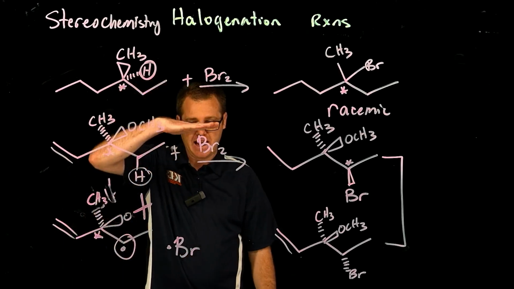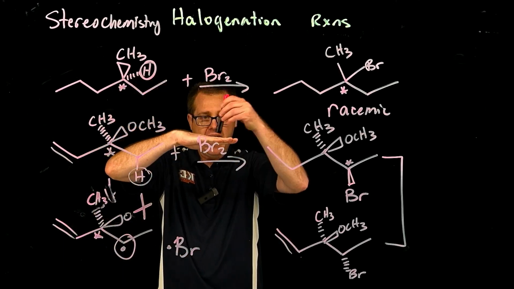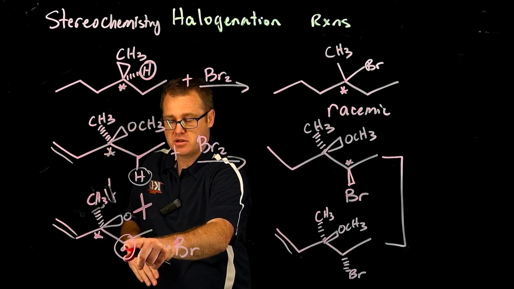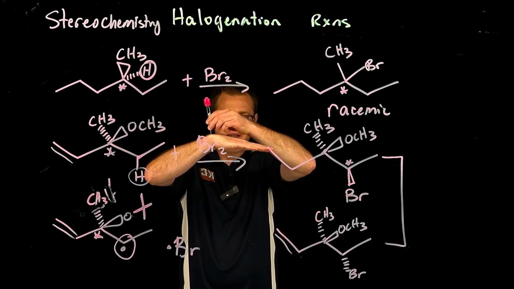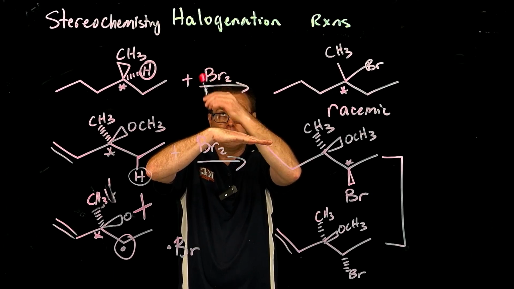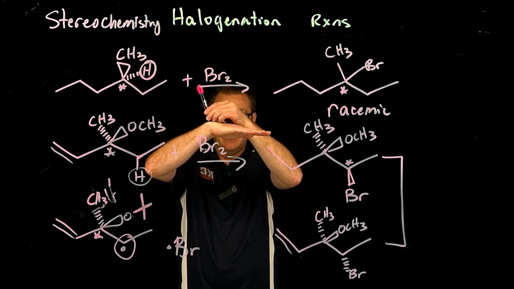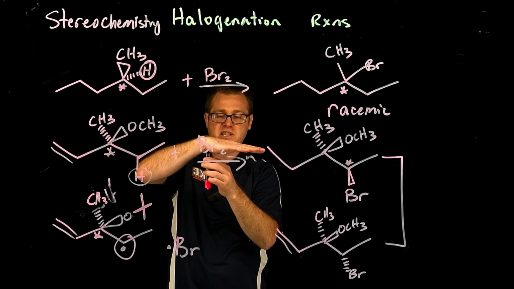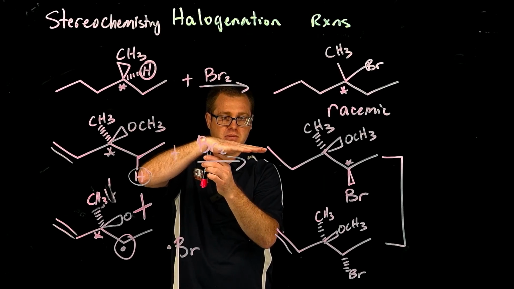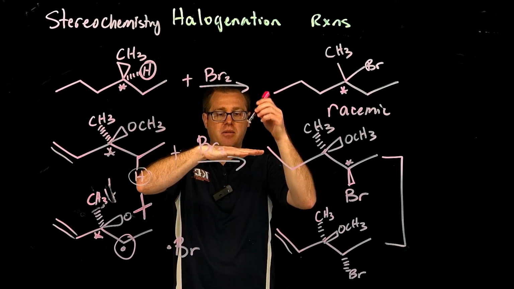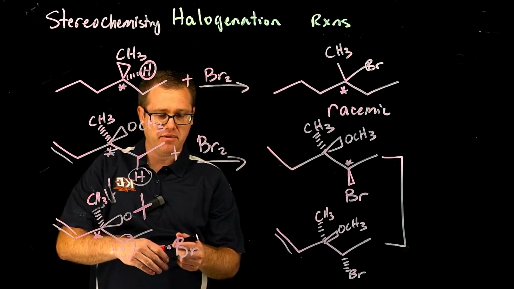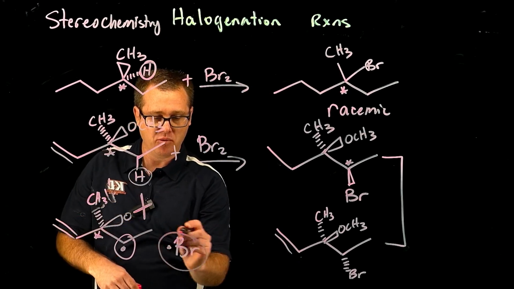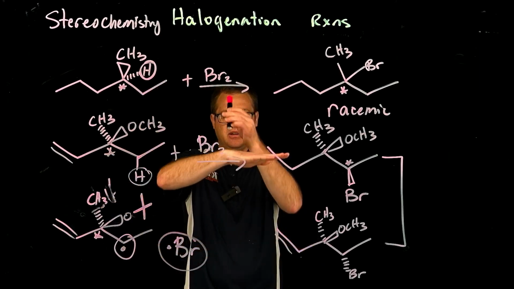So let's just envision my hand again, and my hand is representing this carbon radical. Over here on my wrist, I have this big tert-butyl group, and underneath my wrist, I have the smaller methyl group. So if my hand is the radical, what side of my hand do you think this bromine wants to approach?